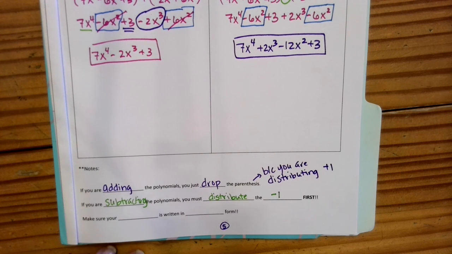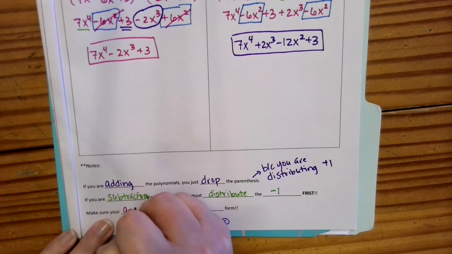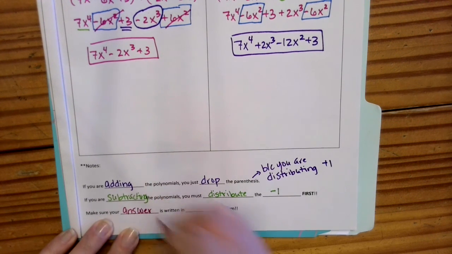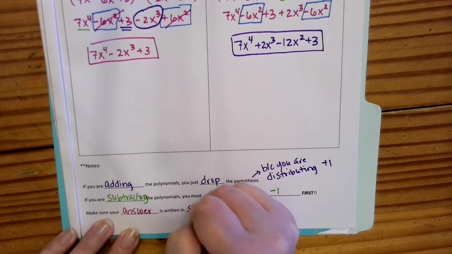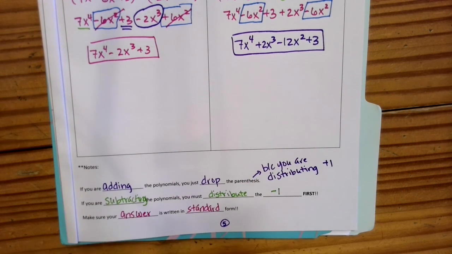So always distribute that negative 1 when we're actually doing the subtraction, okay? And then the last thing that's really important is we always want to make sure that your answer is written in standard form. All right, so those are your notes on the adding and subtracting polynomials.